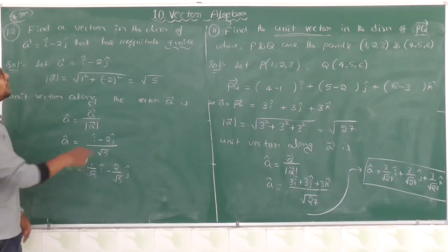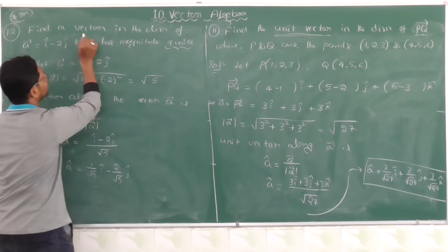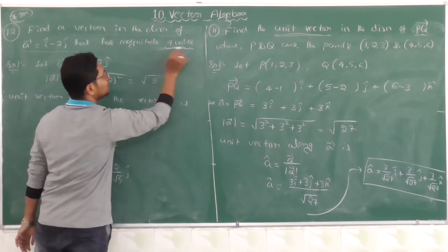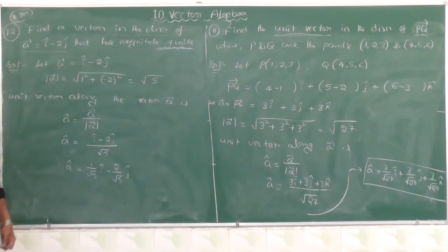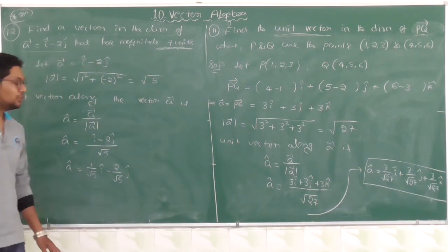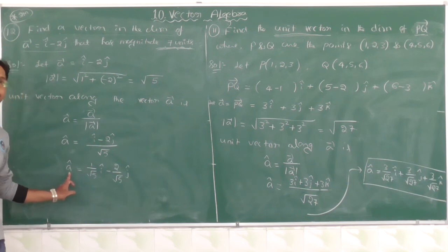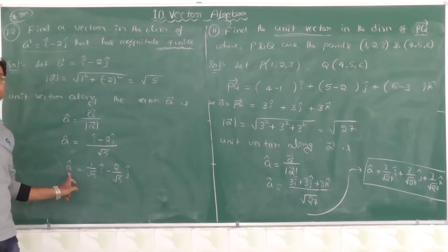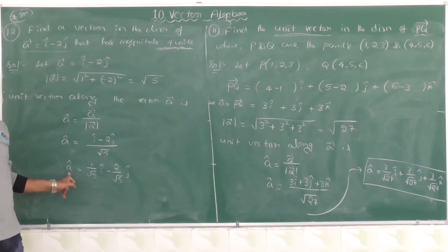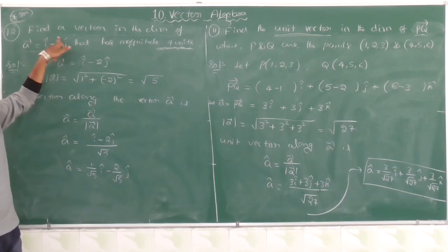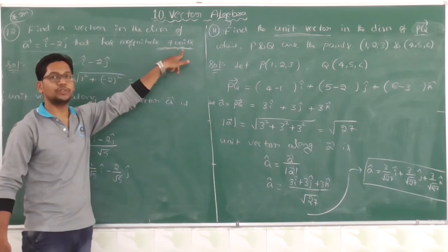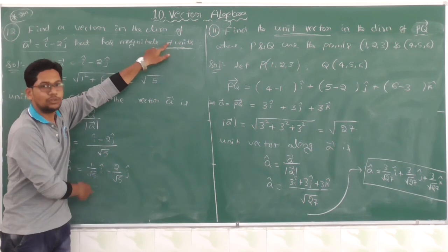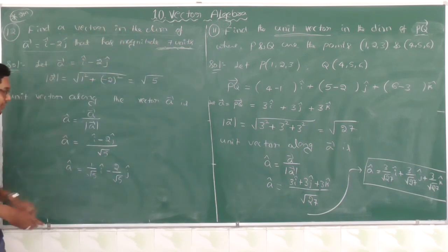But what do we have to find? A vector in the direction of A vector that has magnitude 7 units. That means we have to multiply this unit vector by 7. 7 times the unit vector is the required vector.